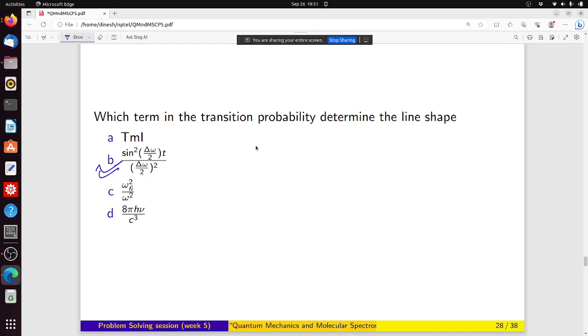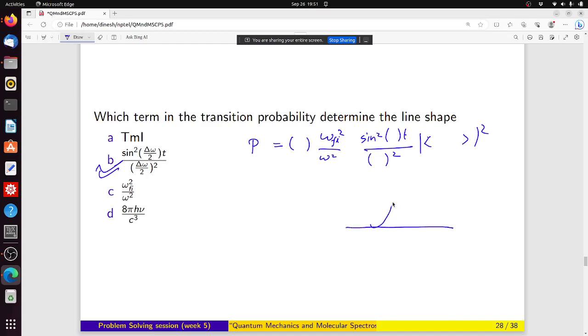So this transition probability is given by some constant, then omega phi square by omega square, then this factor sine square, and this transition moment integral. When you plot this probability, you will see a peak.